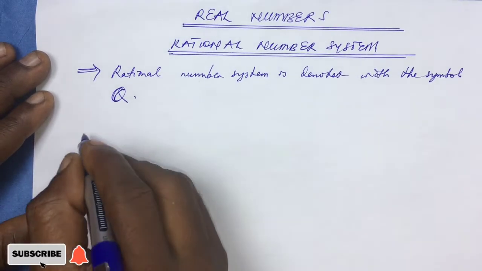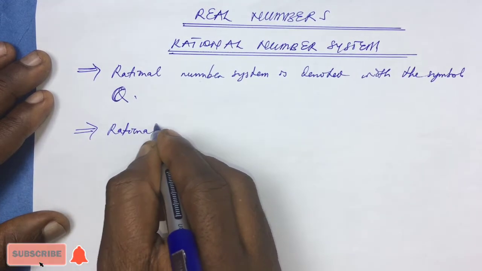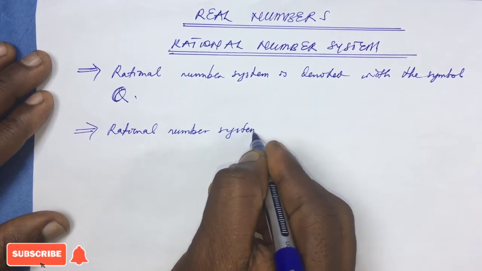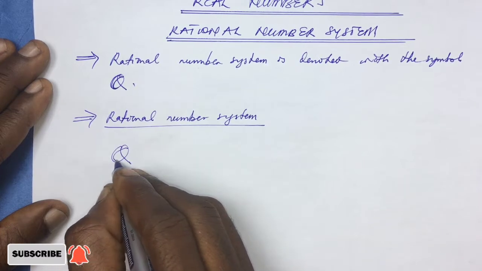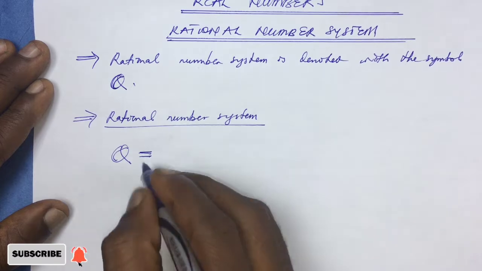Now the next thing I want to tell you is a definition of the rational number system. Now that we know that this type of Q represents the rational number system, how do we define it?